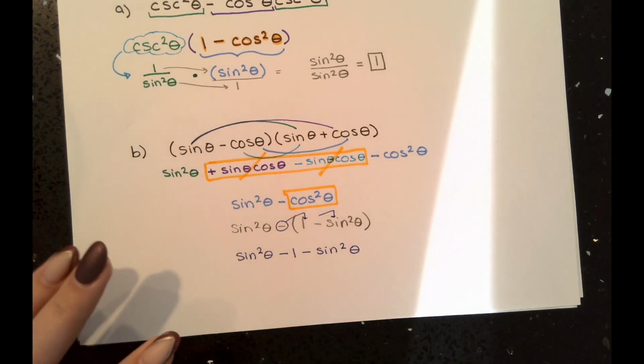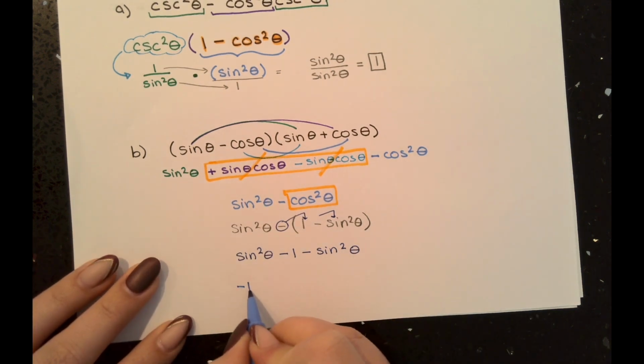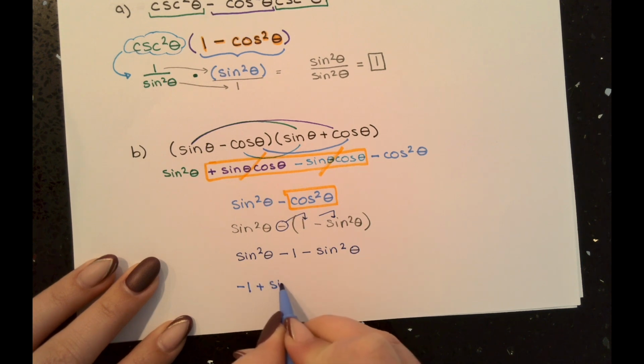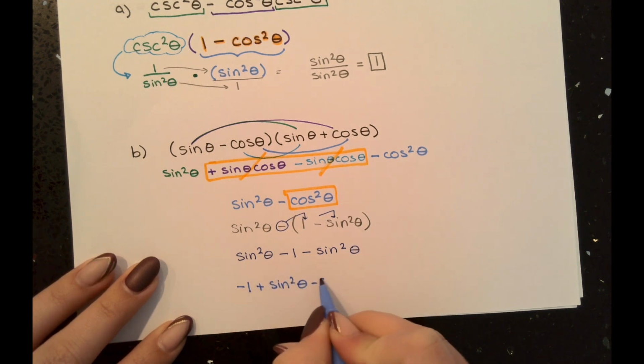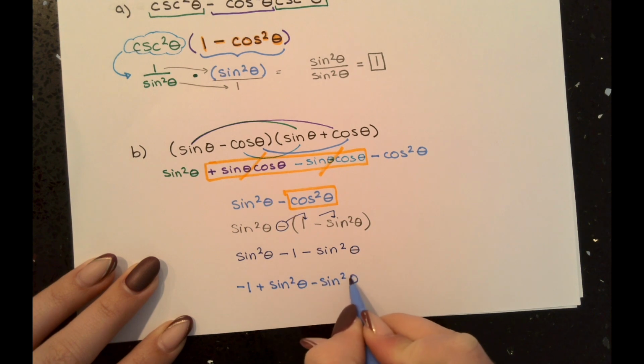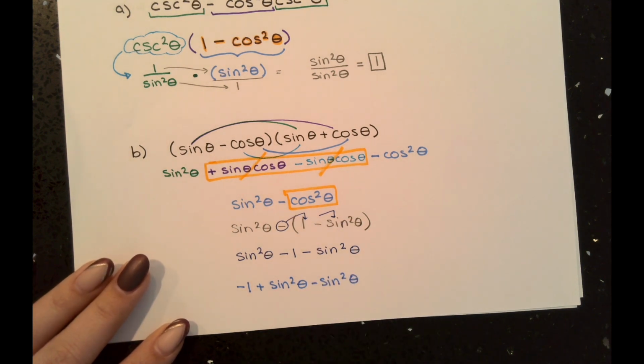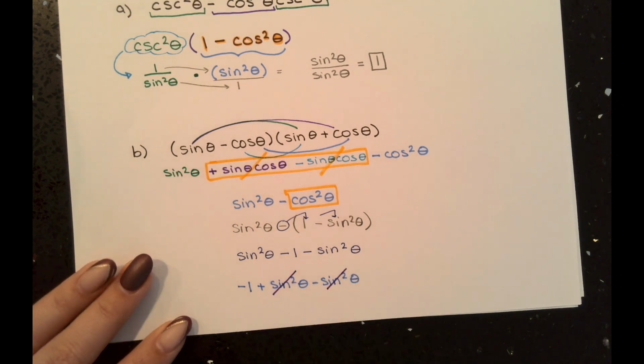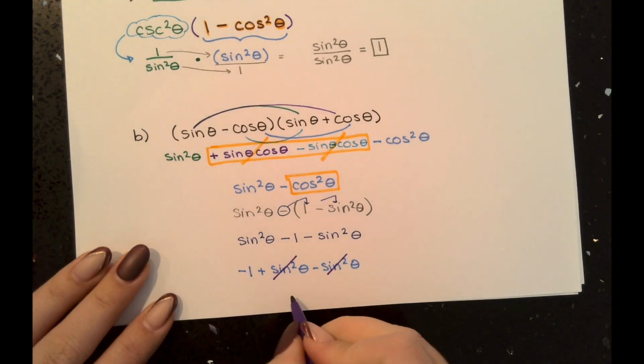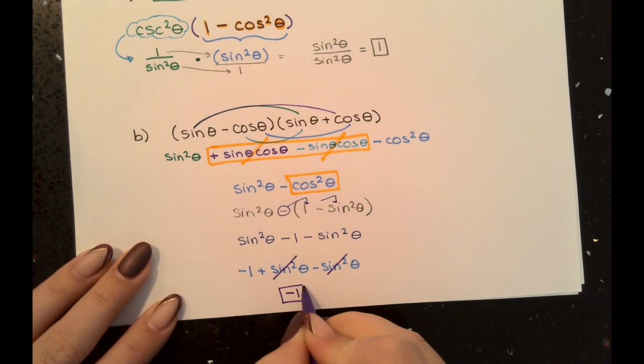Let's rearrange it a little bit. So we have negative 1 plus sine squared of theta minus sine squared of theta. My two sine squared of thetas undo each other. One's addition, one's subtraction. And we're left with just negative 1 as our answer.